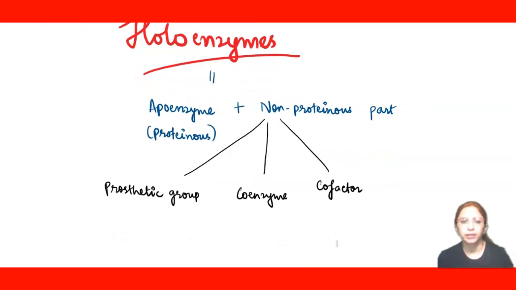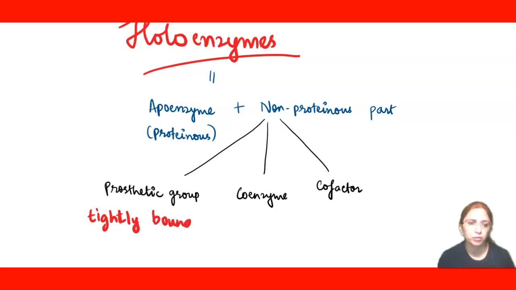So to the apoenzyme, any of these non-proteinous parts may attach: prosthetic group, coenzyme, or the cofactor. Now prosthetic group is the one which is very tightly bound to the proteinous part or the apoenzyme. Okay. Coenzyme is loosely bound to the apoenzyme.